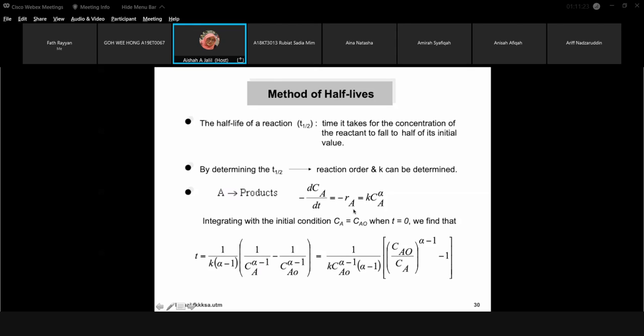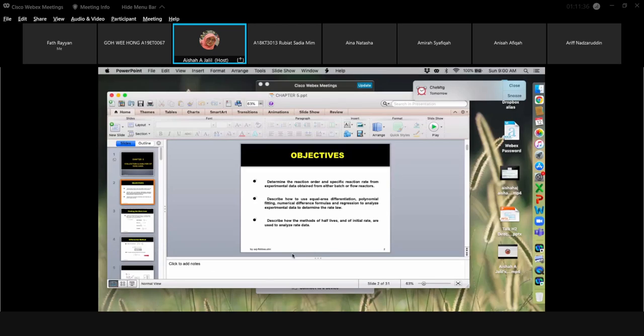Okay. So by integrating with the initial concentration CA equals C naught when T equals 0, we find this one.